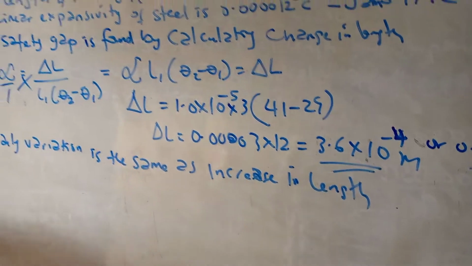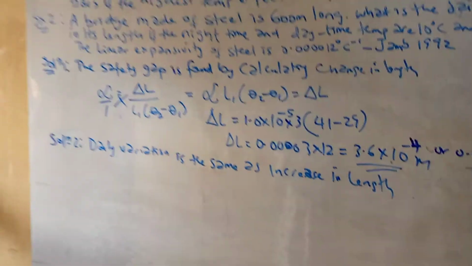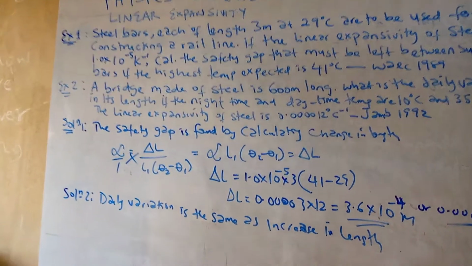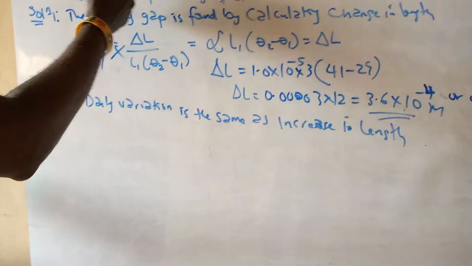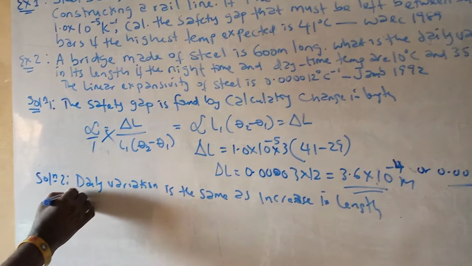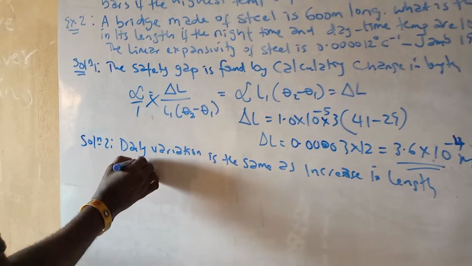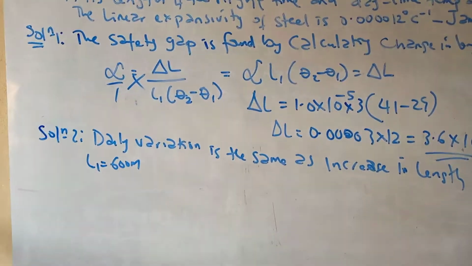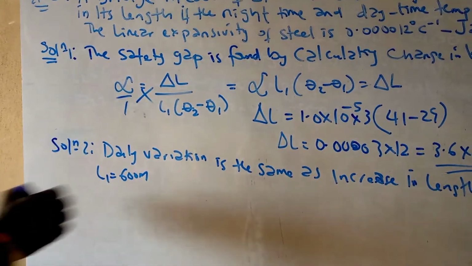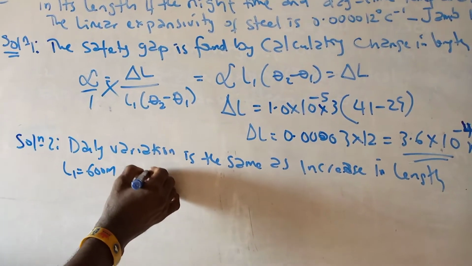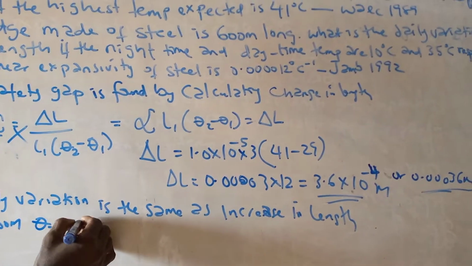Okay, good. So having said that, let's bring out our parameters now. A bridge made of steel, so that means the length before expansion is 600 meters. Temperature after expansion is 35 degrees centigrade.